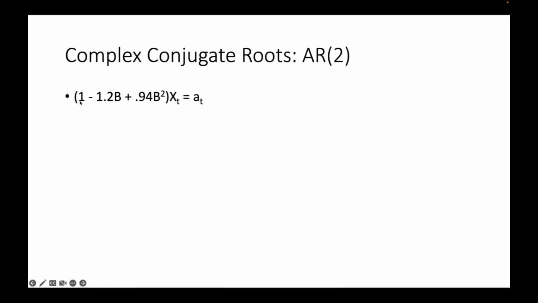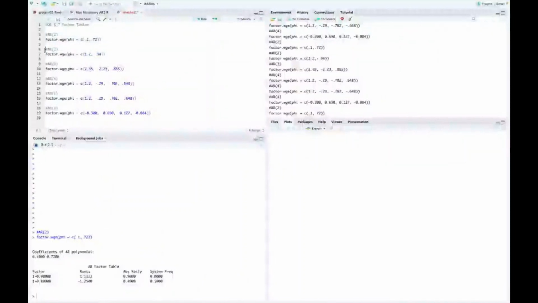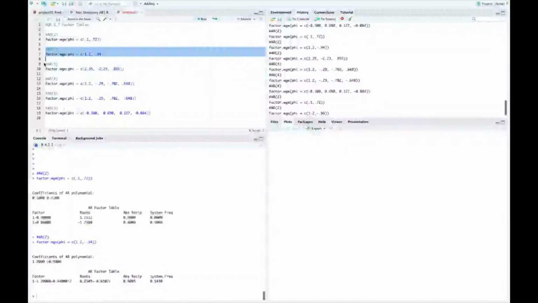We could look at this one, which is a 1 minus 1.2B plus 0.94B squared, where this is a positive phi1 and a negative phi2. Popping over here, there's our positive phi1 and our negative phi2. And we can factor that very quickly. We mentioned earlier that that didn't factor. It was already irreducible. It doesn't factor into two degree 1 polynomials.